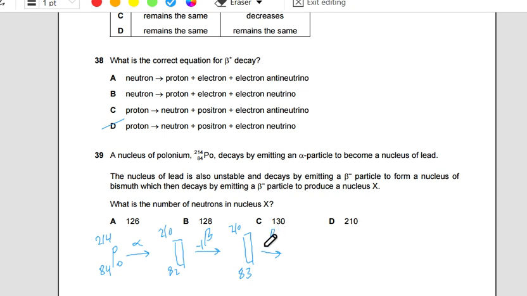For another beta, it will be 210 and 84. So the number of neutrons at the end will be 210 minus 84, which is 126.